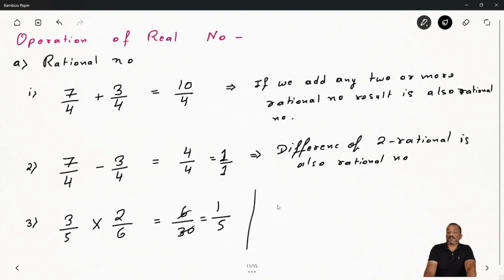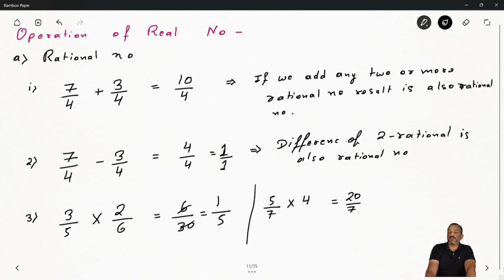In the same way, suppose you have 5 over 7 multiplying with 4. 4 is also a rational number, a whole number or integer. So you will get 20 over 7.